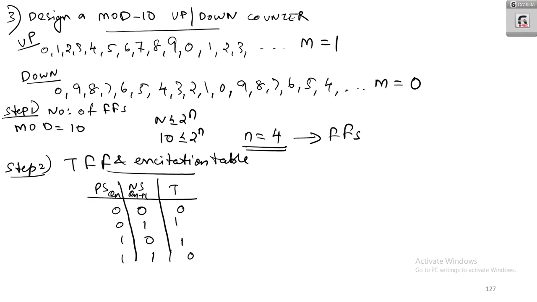This is step 2. Now coming into step 3, drawing the state diagram. Okay, so it is mode 10, right? So you should have from 0 to 9, 4 bit.